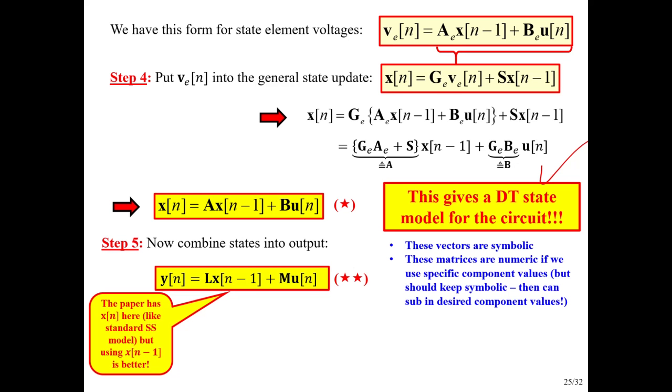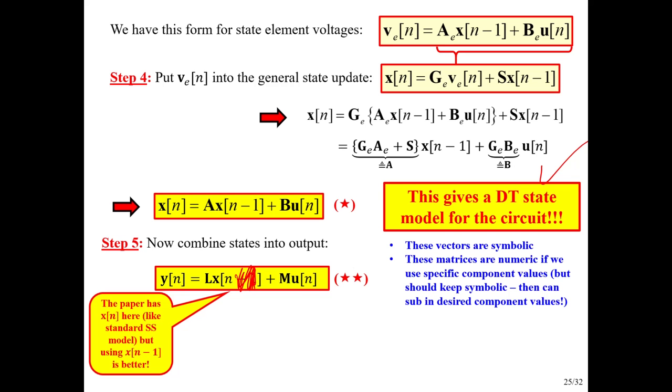Let's continue on. Now we have to combine these states into our output. Now, David Ye's paper puts x of n here, and that's more consistent with standard state space model view. But I'm going to show you why I think that is not a good choice. If you do that, you can figure out what the right L is.